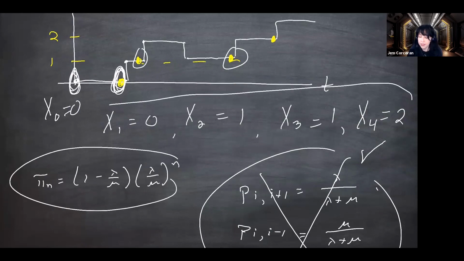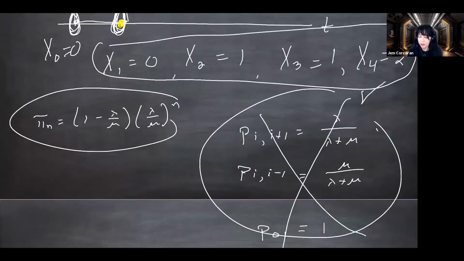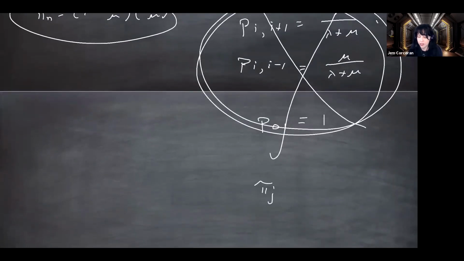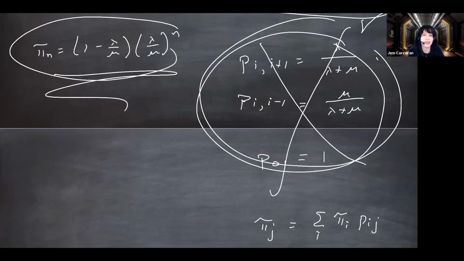But once you realize that if you discretize it this way and correctly write down the transition probabilities, then you can find the stationary distribution the old way, using the equation pi j equals the sum over i of pi i p ij, and you will in fact get that pi n is equivalent to what we get in the continuous case.